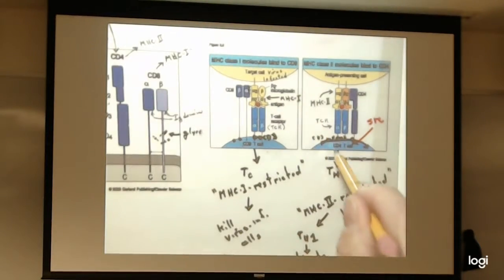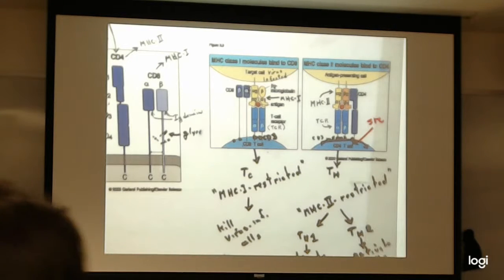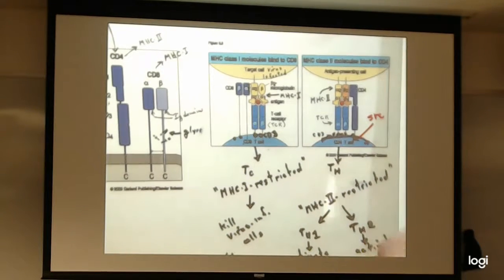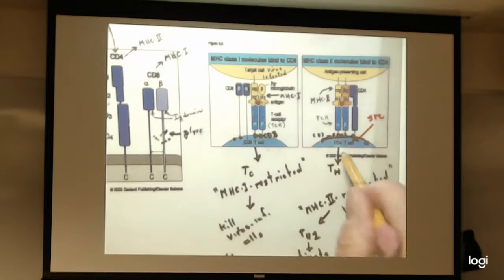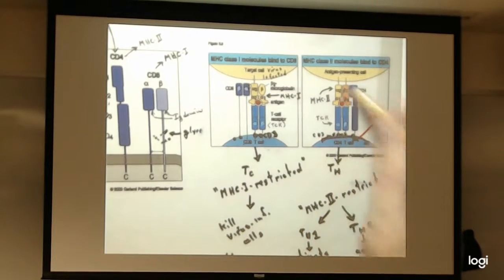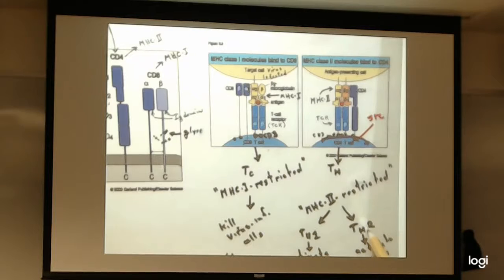It can only see the foreign peptides presented by class 2 MHC molecules. Maybe I'll pause for a second to let that sink in. We'll be returning to that idea. And of course, the CD4 T cells, if they encounter a foreign peptide presented by a class 2 molecule, they will then proliferate and differentiate into either T helper 1 cells or T helper 2 cells.